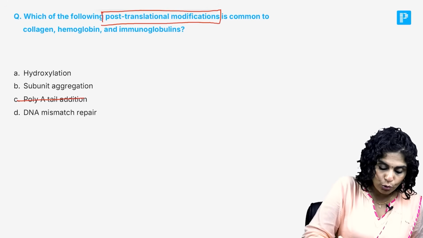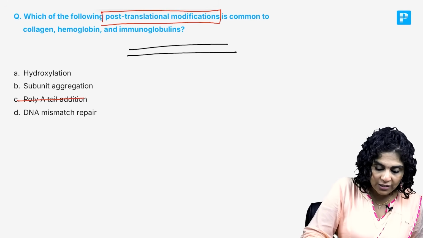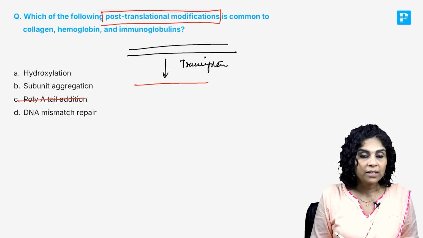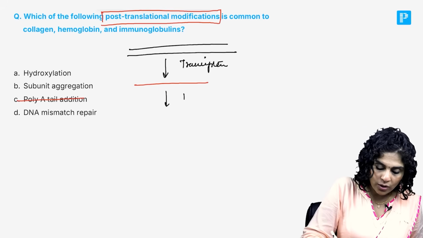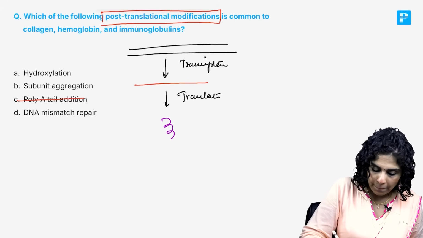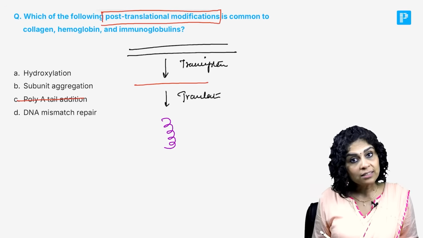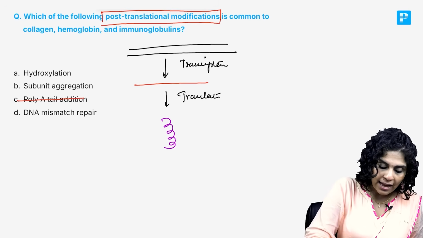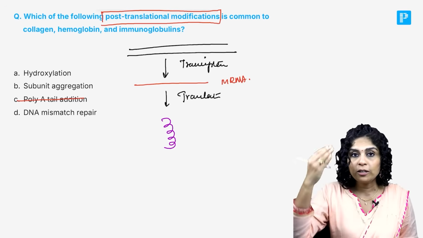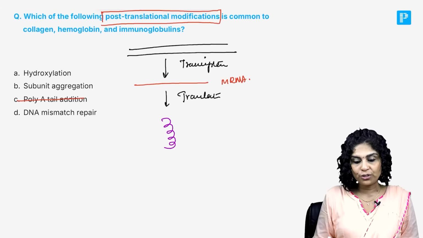For those of you who don't remember, genes on transcription give rise to mRNAs. mRNAs on translation give rise to proteins. What is a post-transcriptional modification? After mRNA is formed, any modification that happens is called post-transcriptional modification.